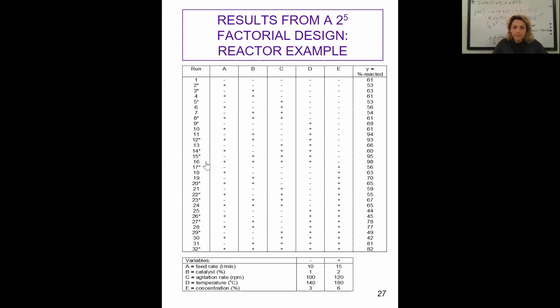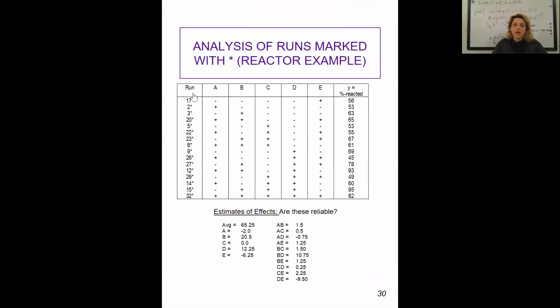We divided them. And then when we look at them, it's all of those ones that have a star. So I would write down the runs like this, and then I would estimate the effects, like the average, the effects of A, B, C, D, E, and the effect of whatever interactions come with these star runs.